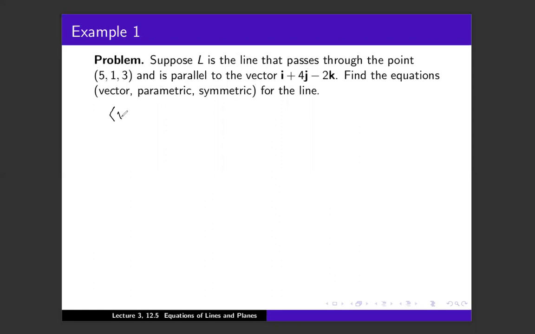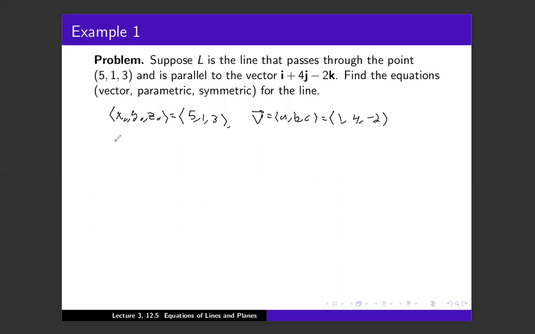Well, in this case, we have that x naught, y naught, z naught is the vector 5, 1, 3. That's the position vector. v, meanwhile, our direction vector a, b, c, is just 1, 4, negative 2. You can write this either using ijk notation or using angular brackets. They're both fine.